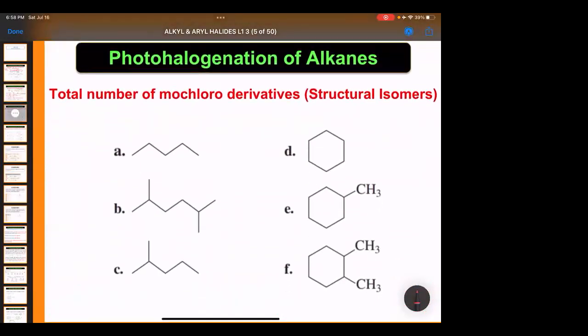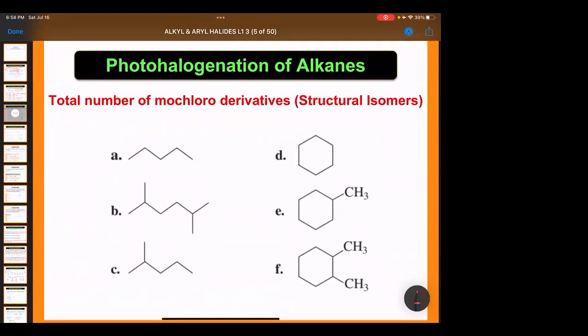So another question which comes is, for example, we talked about the photohalogenation of methane.